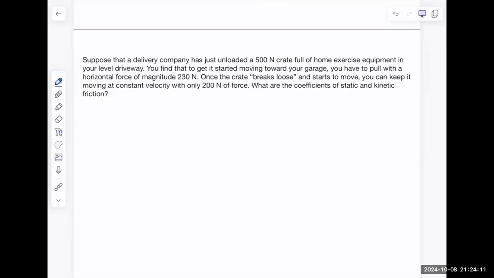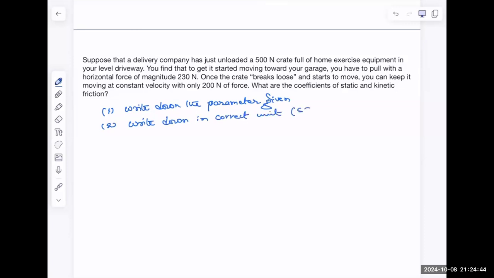All right. When you solve a problem in your exam, I want you to follow these steps. Number 1, write down the parameters given, in correct units, which is basically the SI unit system.